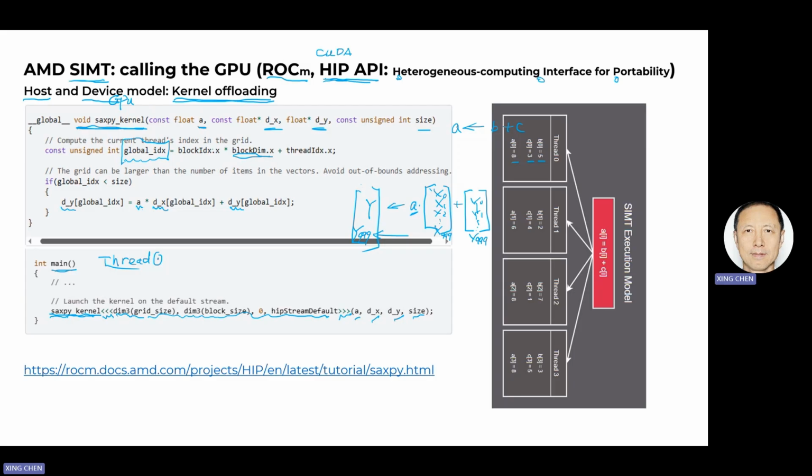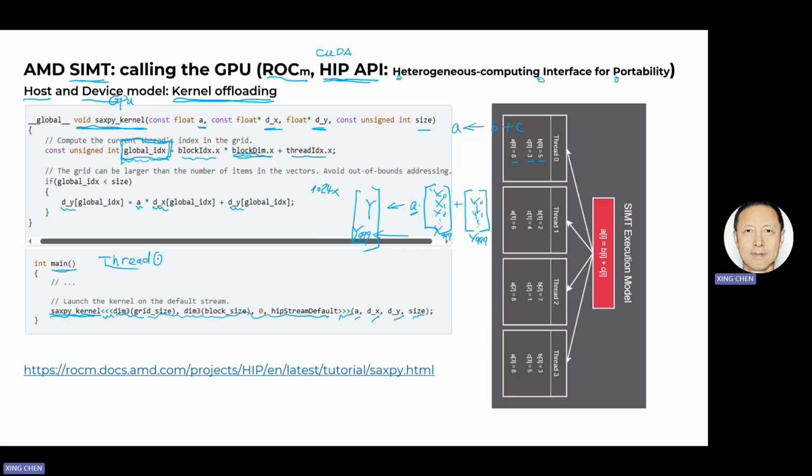Then, by using this block organization information, each thread is going to calculate its global ID. If you have 1,000 elements for your vector and you ask the system to give you 1,000 threads, the system will at the end give you 1,024 threads.